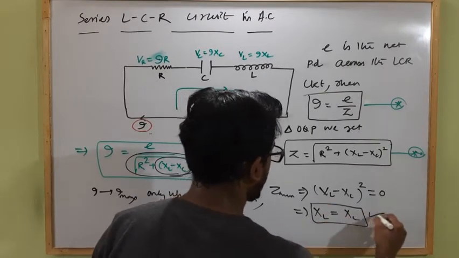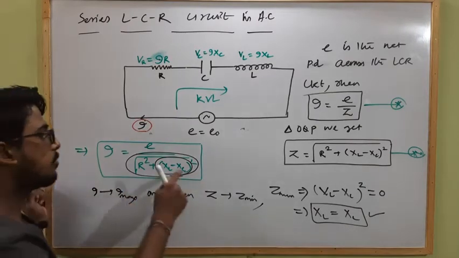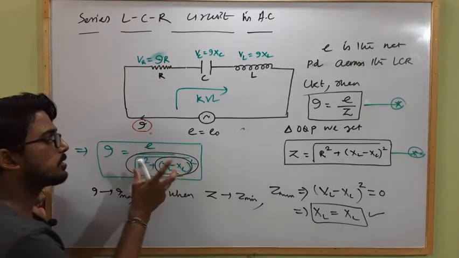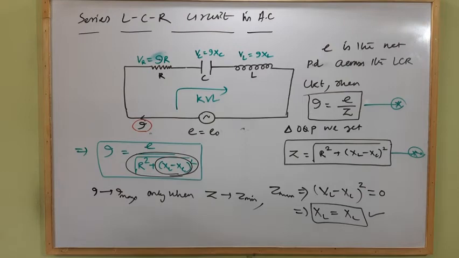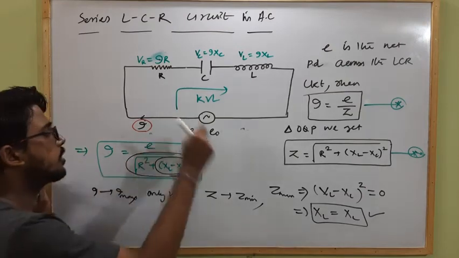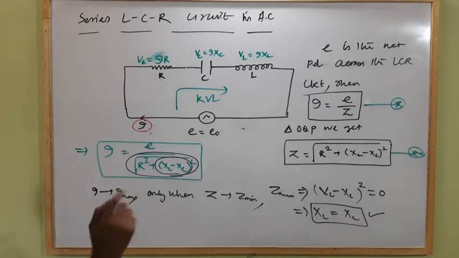So this implies we will get XL equal to XC. So only when the inductive reactance is equal to the capacitive reactance, the impedance will become minimum and the current flowing through the circuit will become maximum. Clear? So if the current flowing through the circuit is to be maximum, that means XL equals XC. So if XL equals XC, then what will happen?